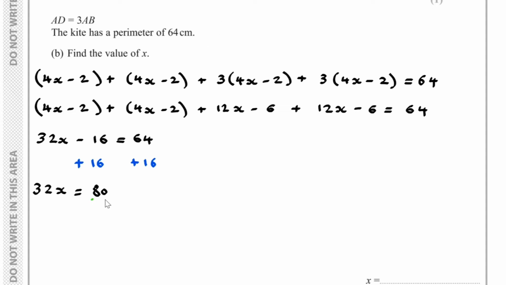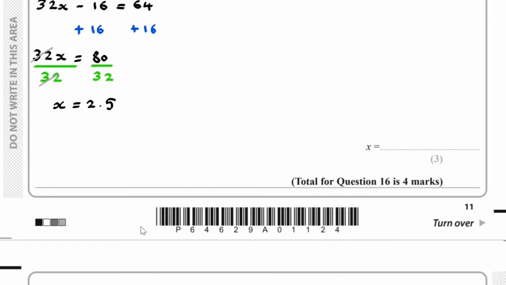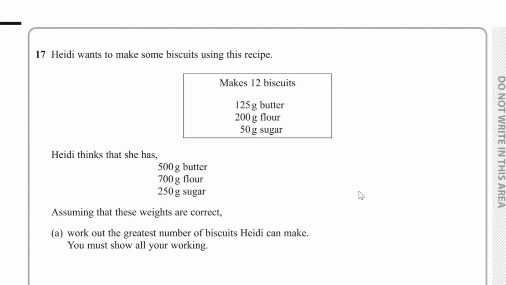And then if I divide both sides by 32, the 32's cancel here and here. So I'm left with x equals 80 divided by 32, which is 2.5. And so I end up with x equals 2.5. Question number 17.